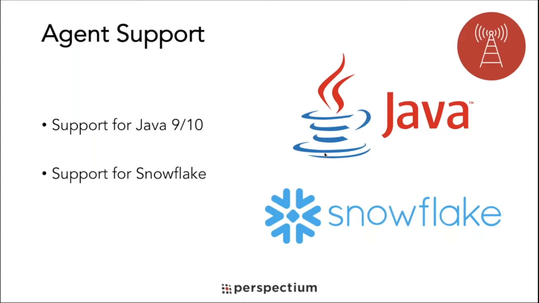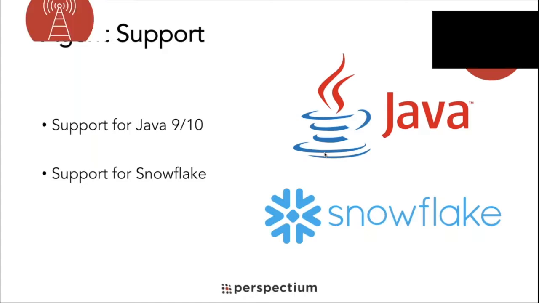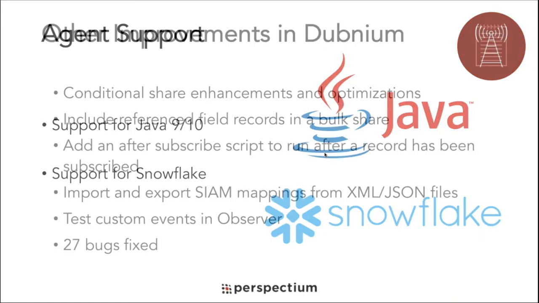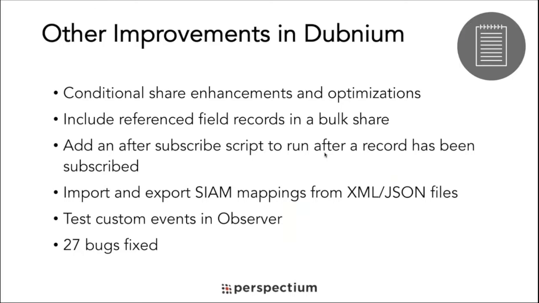Yeah, for sure. Great. Well, in a nutshell, those are the four major themes of the Dubnium release. But there were a few other things that we did in this release, and we wanted to spend a couple of minutes talking about those.